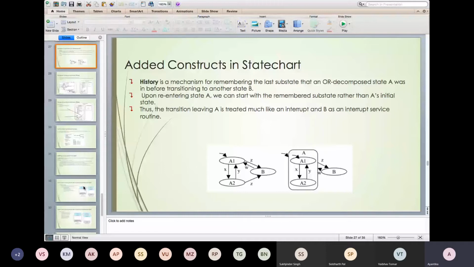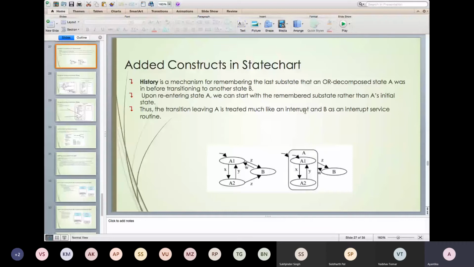To give an analogy in practical design, you can think of this as an interrupt. When there is an interrupt to your system, what happens? You have to store the details of your ongoing process, and then you can handle the interrupt, right?